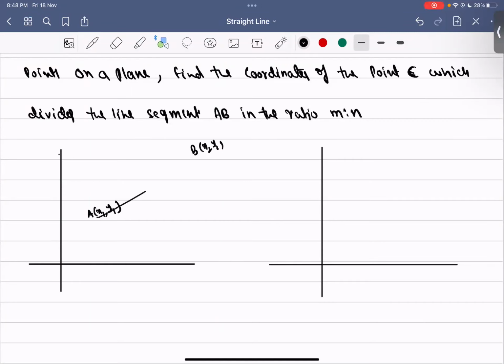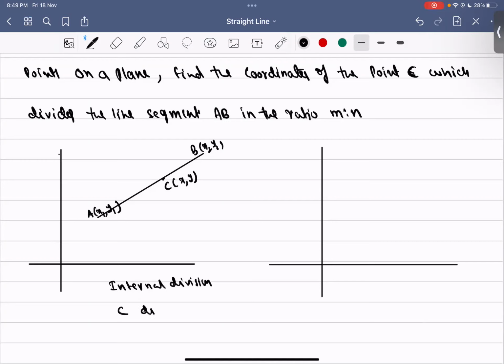We join A and B. Somewhere here C will be, that is (x, y). This is called internal division, because C is an interior point of A and B, in between A and B. Here C divides AB internally in the ratio m is to n.